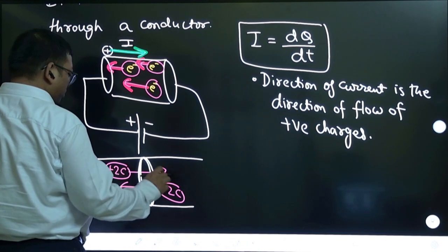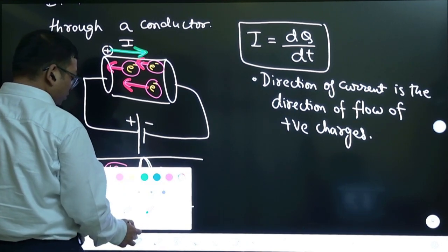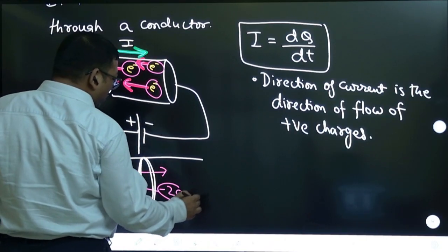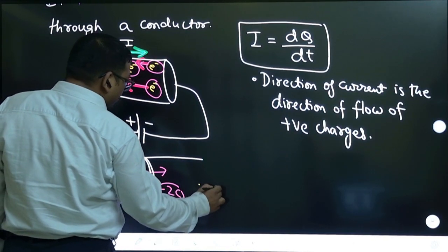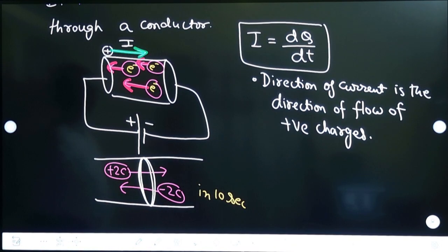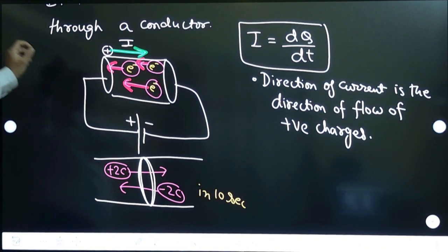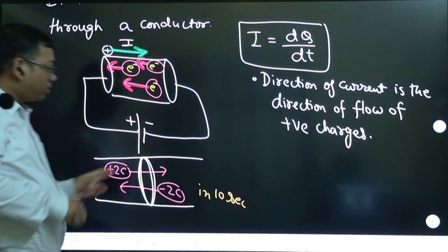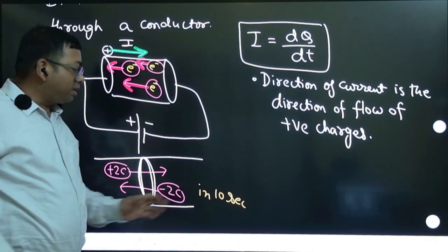These charges are flowing in, let us say, 10 seconds. I'm just giving a rough example that plus 2 coulomb and minus 2 coulomb are crossing this area in 10 seconds.